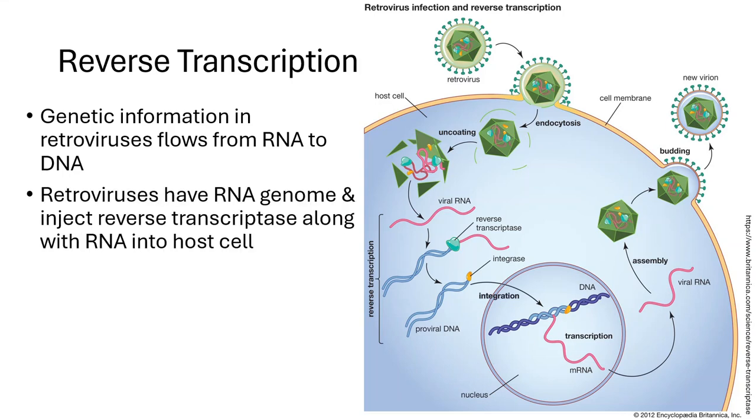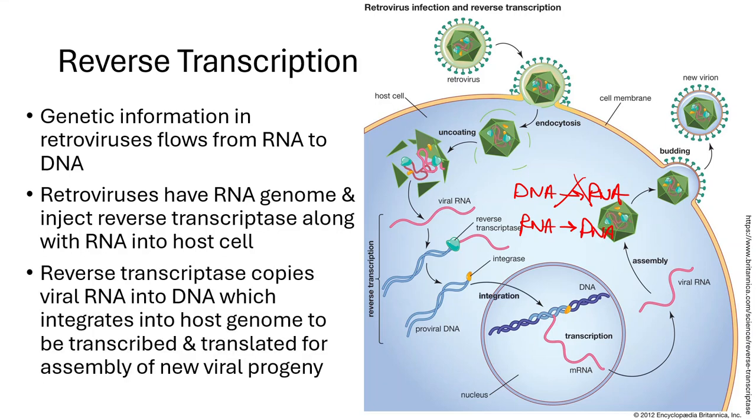So what happens is these viruses will contain an RNA genome, and they'll also inject an enzyme called reverse transcriptase into their host cell along with their genetic material. The job of reverse transcriptase is to do literally what the name says: reverse transcription. So instead of going from DNA to RNA, you start with RNA, and reverse transcriptase makes a DNA copy of it.